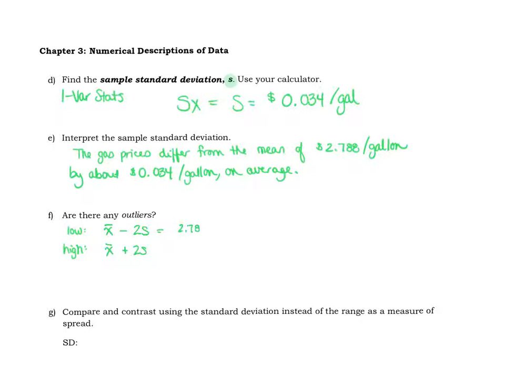So 2.788 minus 2 times 0.034, and 2.788 plus 2 times 0.034. On the low end, that's $2.72. On the high end, that's 2.856. If you go back and look at the data, we will find that there is a $2.86, and that therefore is an outlier, happens to lie just to the right of our upper boundary.